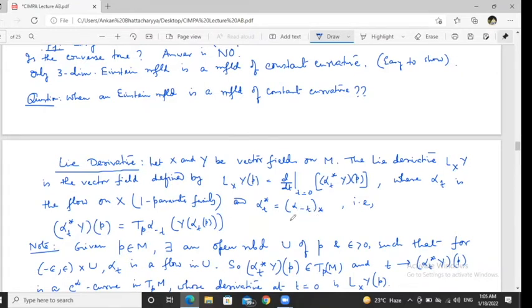So alpha_t star Y_p is actually T_p alpha_{-t} Y of alpha_t p.